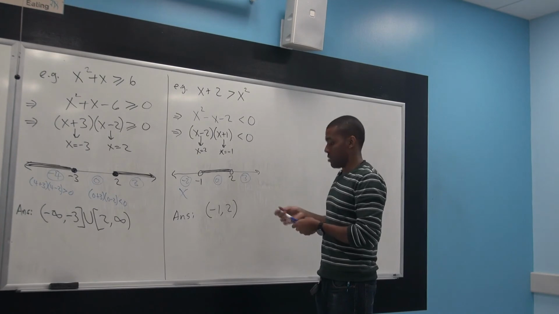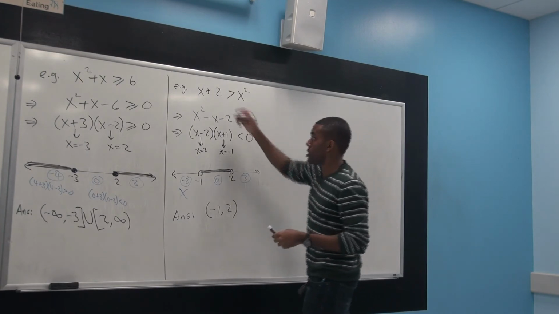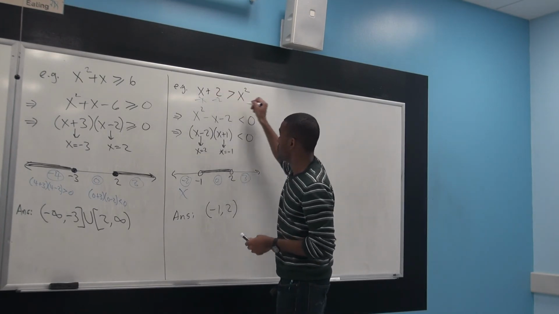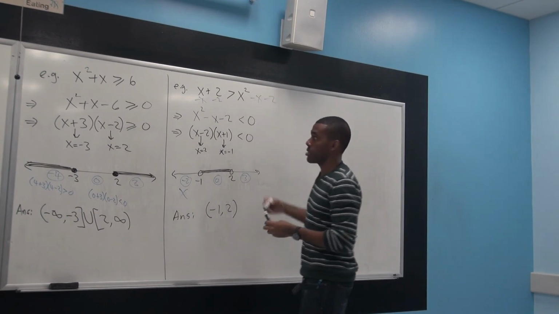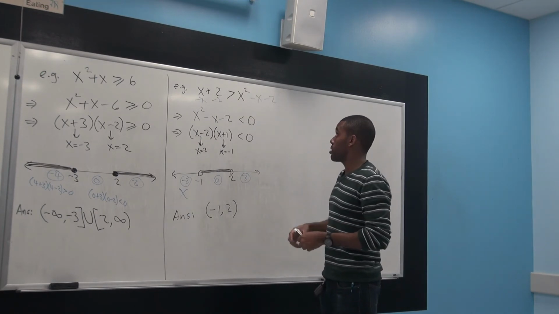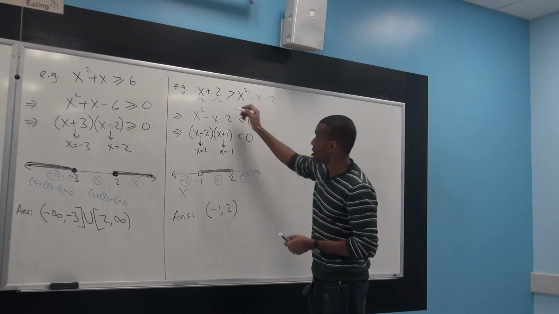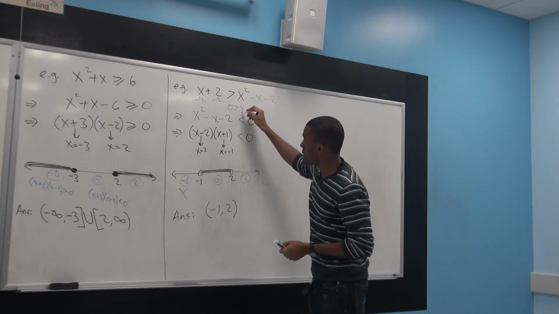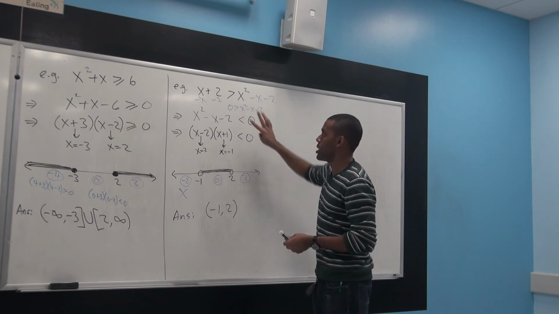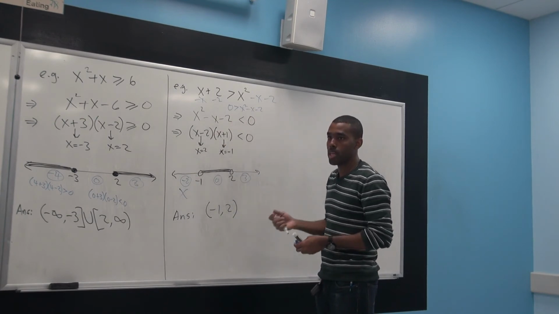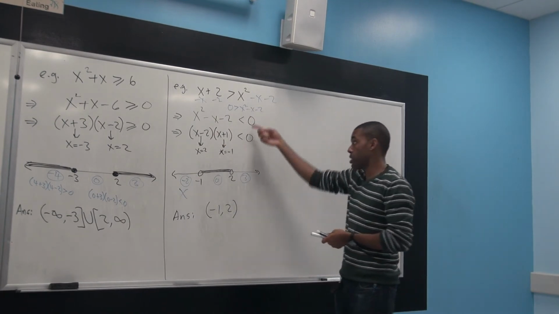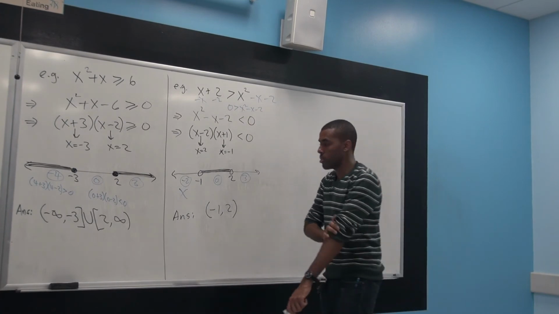What I did was I subtracted x and 2. I actually got 0 is bigger than x squared minus x minus 2, but then I just wrote it on this side. I just flipped it, as we said, these mean the same thing.